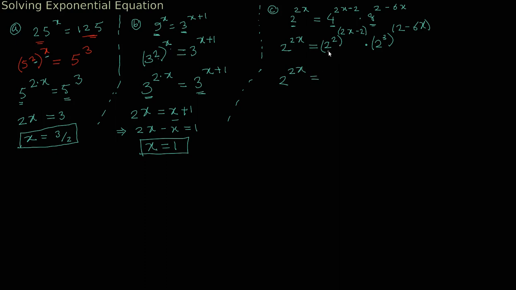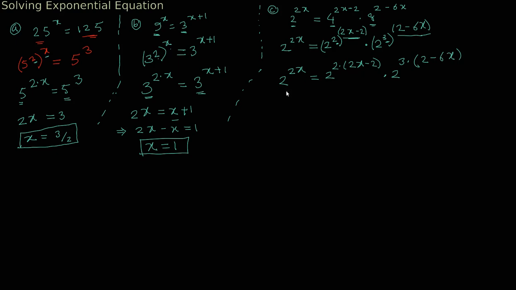Now here I have 2 power 2 and power 2x minus 2, so I need to multiply both the powers. So I need to multiply 2 by the other power, which is 2x minus 2. The same thing, I need to multiply power 3 and also this power 2 minus 6x. So 3 multiplied by 2 minus 6x.